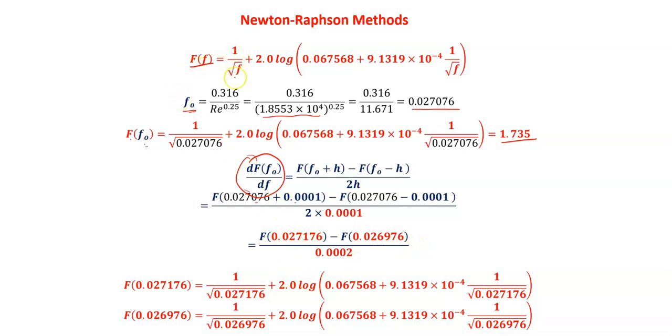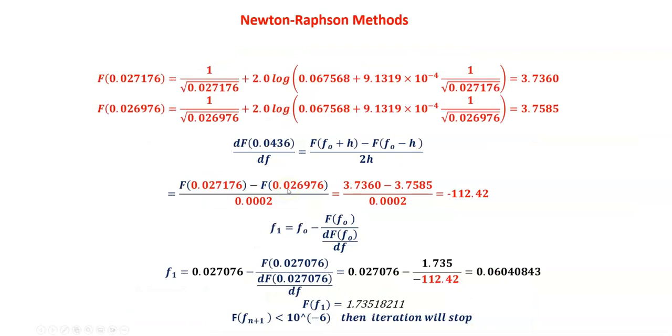So we already know the function, right? F of f is equal to 1 by root 7. This whole equation is there. Now if you plug in F of 0.02716 minus F of 0.02696 by 0.002, we can easily calculate the derivative, right? So now here we are calculating the function at 0.027176 and 0.0296. So we got 3.7360, 3.7585.